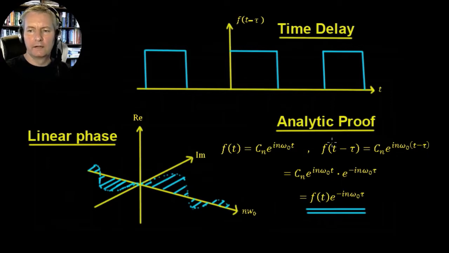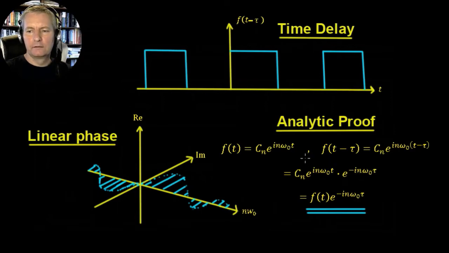Now here's a little analytic proof of it. We know that we can represent f of t as the sum of all of these from our Fourier series. If we take just one of them, and look at the time delayed f of t minus tau, we would have Cn e to the i n omega naught (t minus tau). We split these two up, so we end up with Cn e to the i n omega naught t times e to the minus i n omega naught tau.